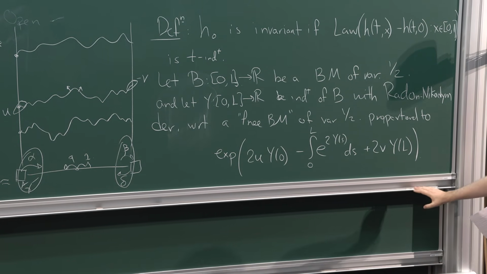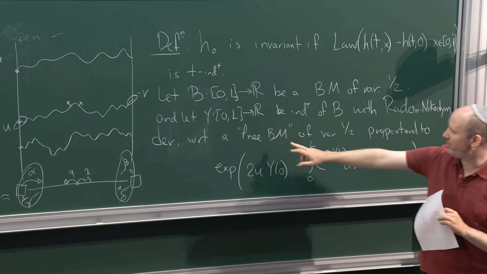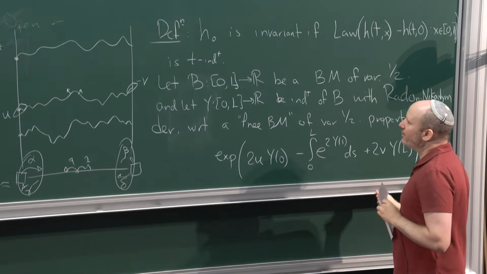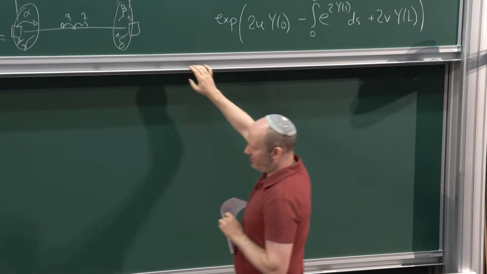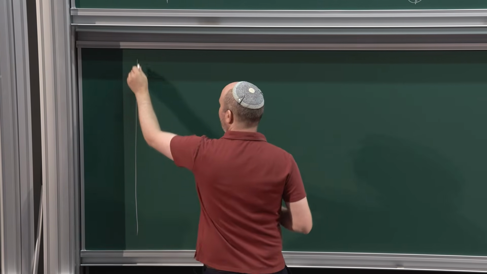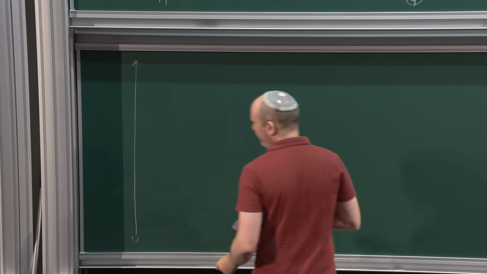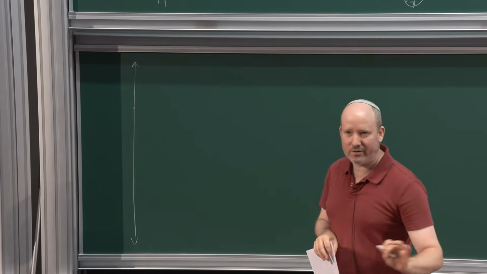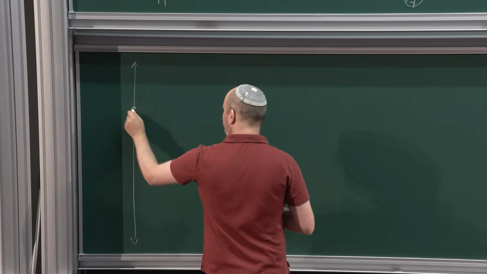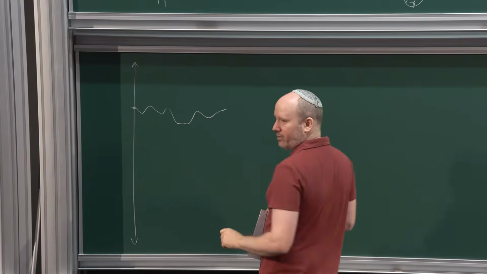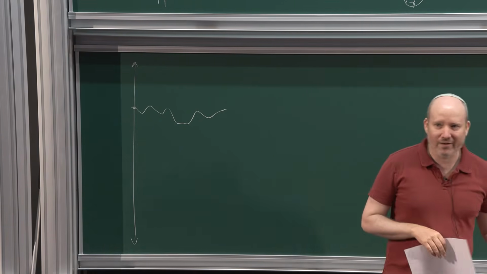Okay, so what is a free Brownian motion? What I mean by that is I take Lebesgue measure on the y-axis, so it's not a probability measure. Okay? And then at a point chosen according to Lebesgue measure, I just put in a Brownian motion of variance 1/2. Okay?